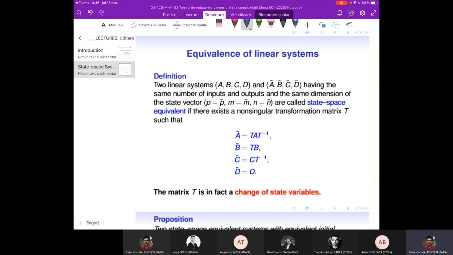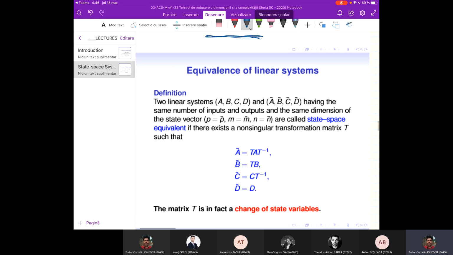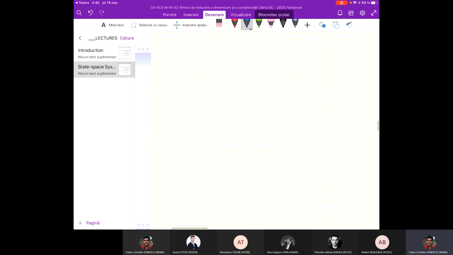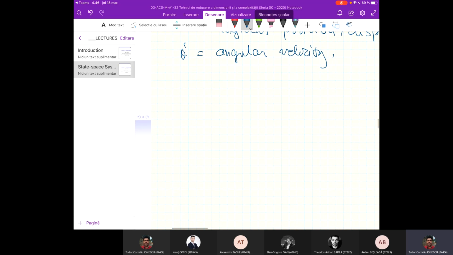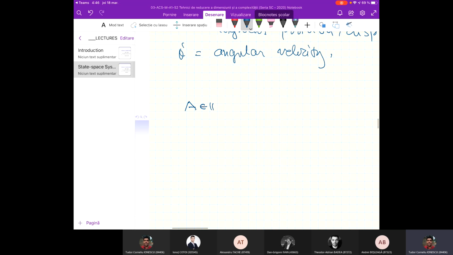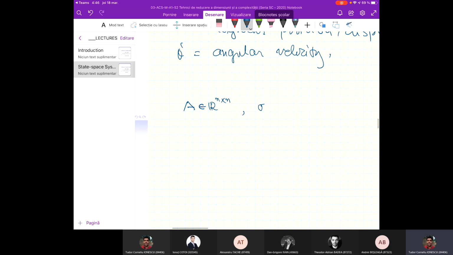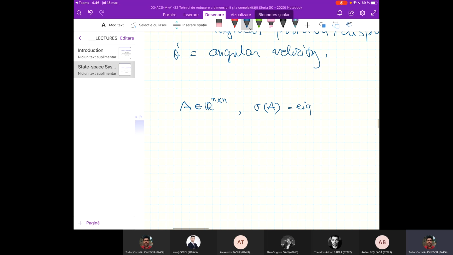Usually, where does this come from? When we have a square matrix A, this square matrix has associated a spectrum of eigenvalues. I'm just going to write like in MATLAB, eig of A. These are the eigenvalues of A. However, these eigenvalues and other properties of the matrix do not change.